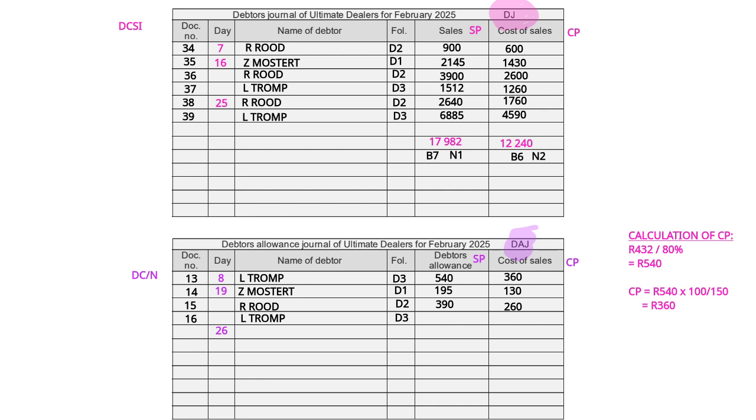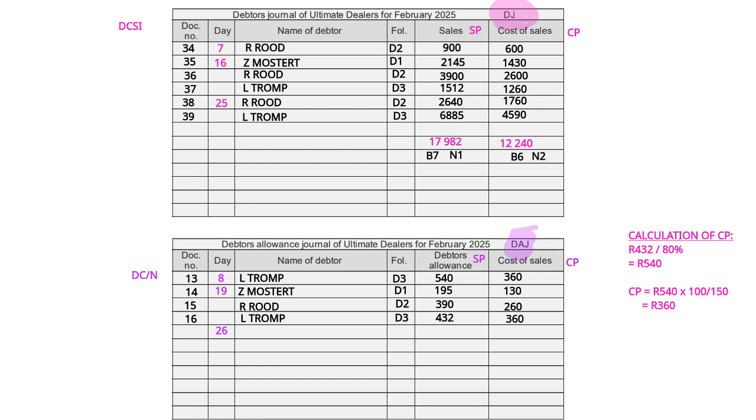So now we can take 540 Rand as our full selling price, times that by 100, divide that by 150. So our cost price is 360. So in our debtors allowances, we record the selling price after the discount, which is 432. And in our cost of sales, we just calculated that our cost price is 360 Rand.